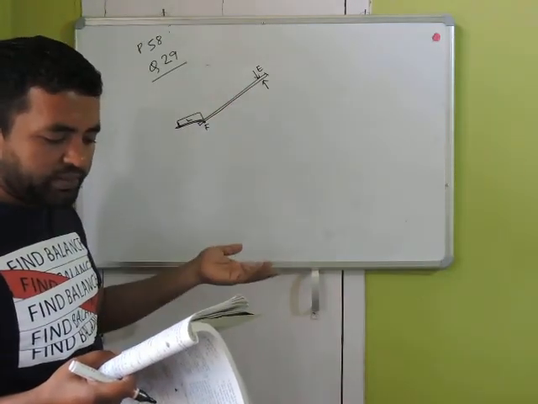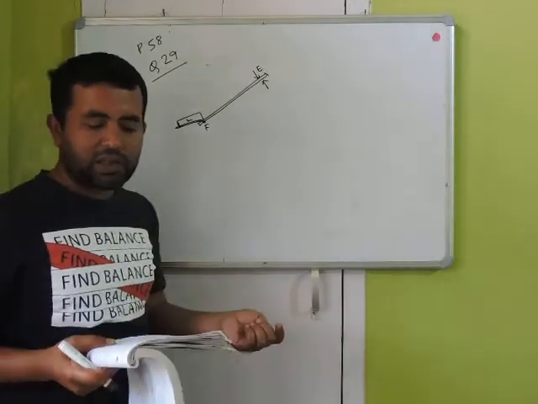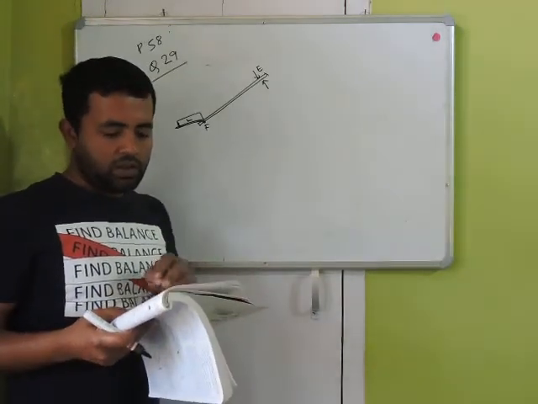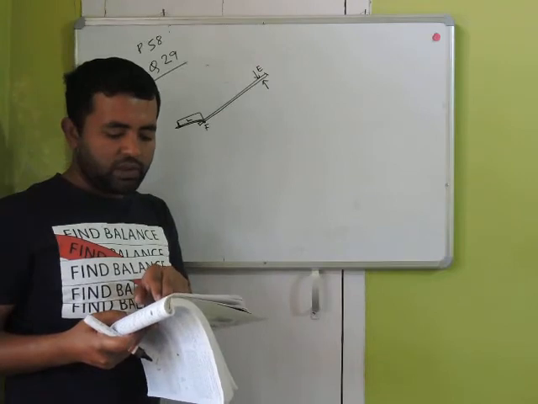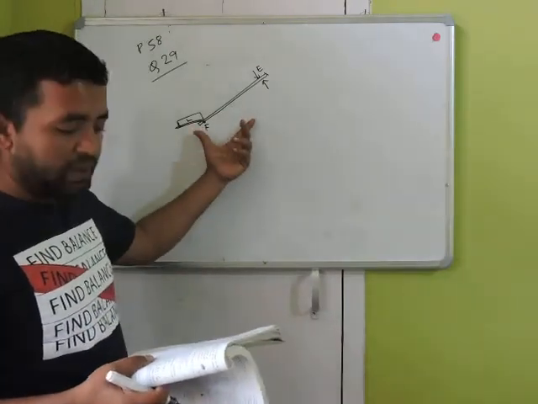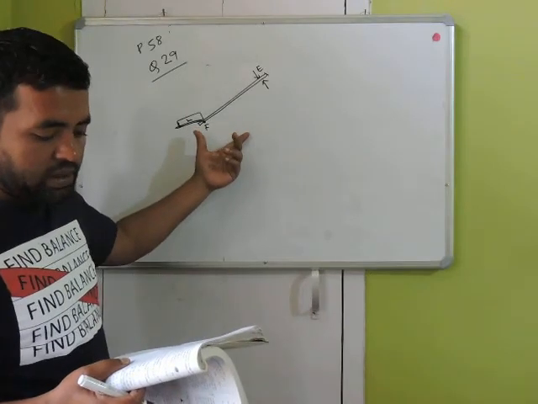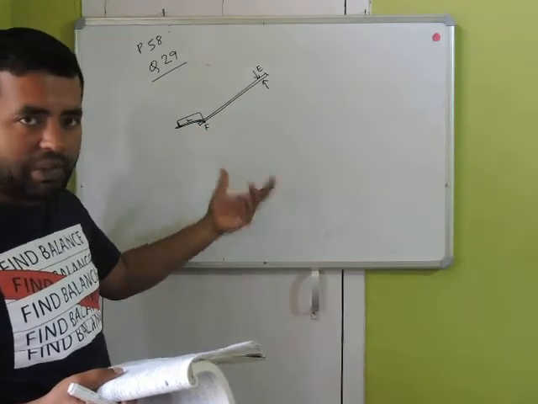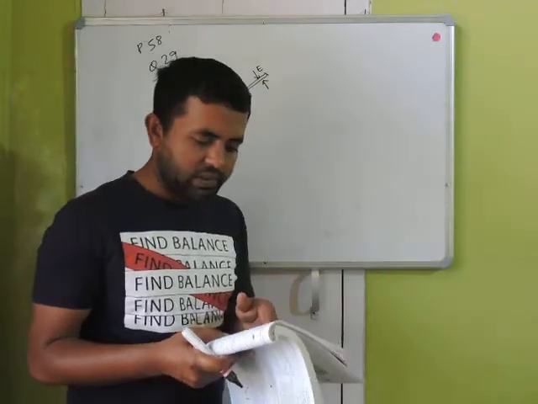Give one more example of the same class of lever stated in part B. Now you can all see this is a force multiplier lever, class 1. So the example will be pliers.